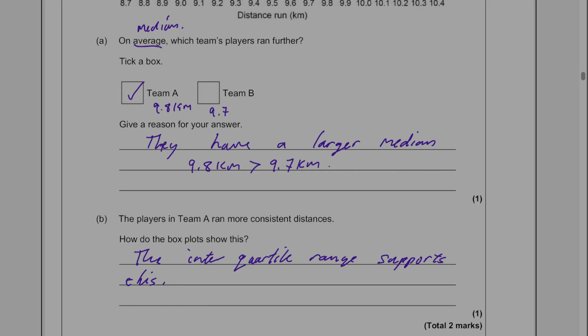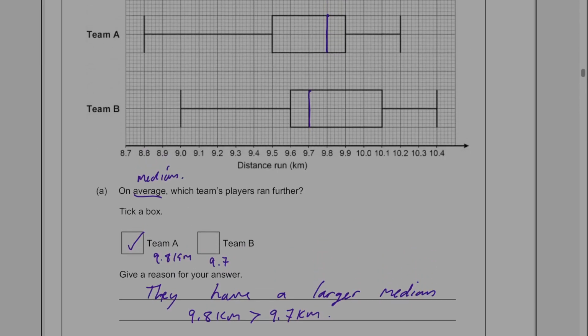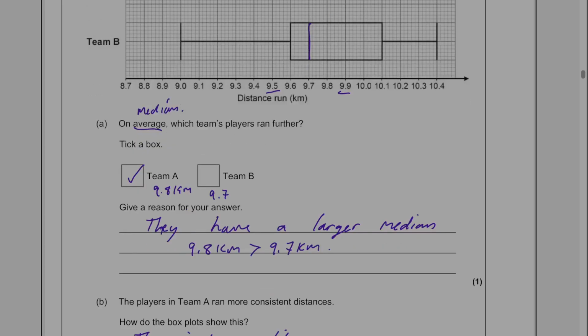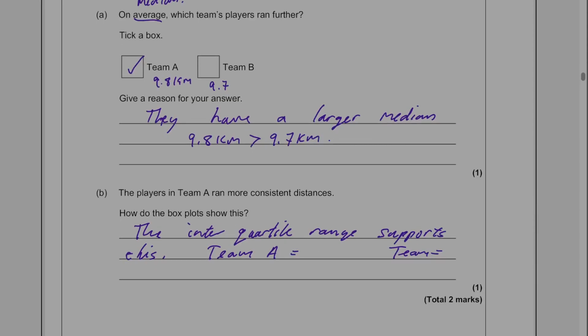Then I'm going to quote them. So team A equals, and then team B equals. Right, so team A's is 9.9 minus 9.5, which would be 0.4 kilometers.